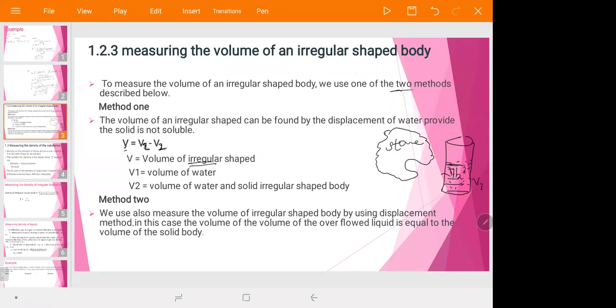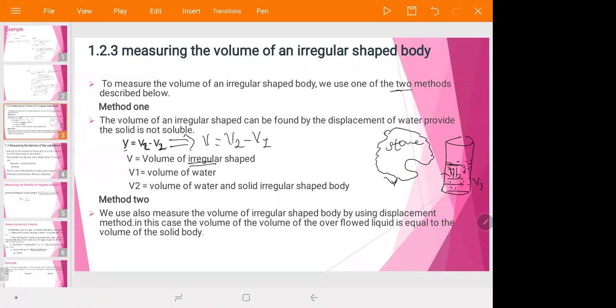Volume 1 is the volume of water, the first water which exists in this cylinder. Volume 2 is the volume of water and the solid irregular shaped body. When you insert it, the volume of this water increases. So the volume is equal to volume 2 minus volume 1, the second volume minus the first volume, which is the volume of an irregular shaped body.